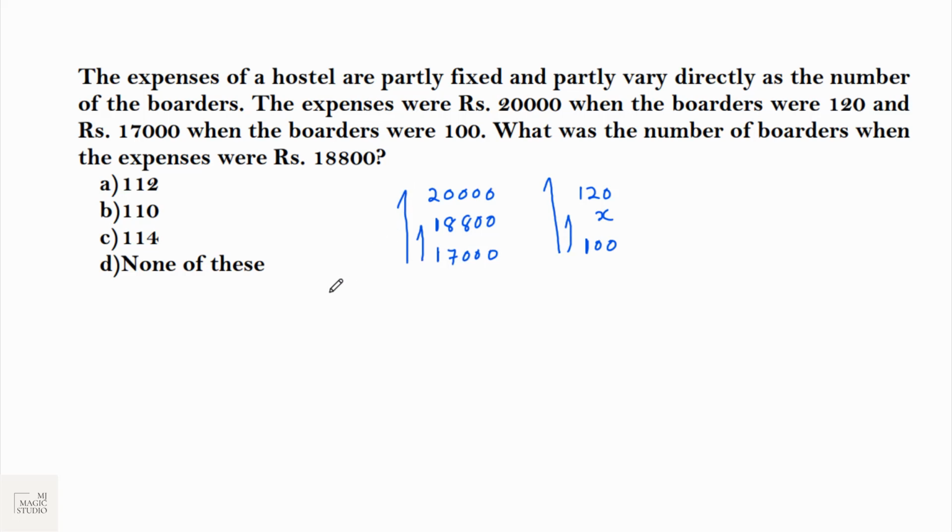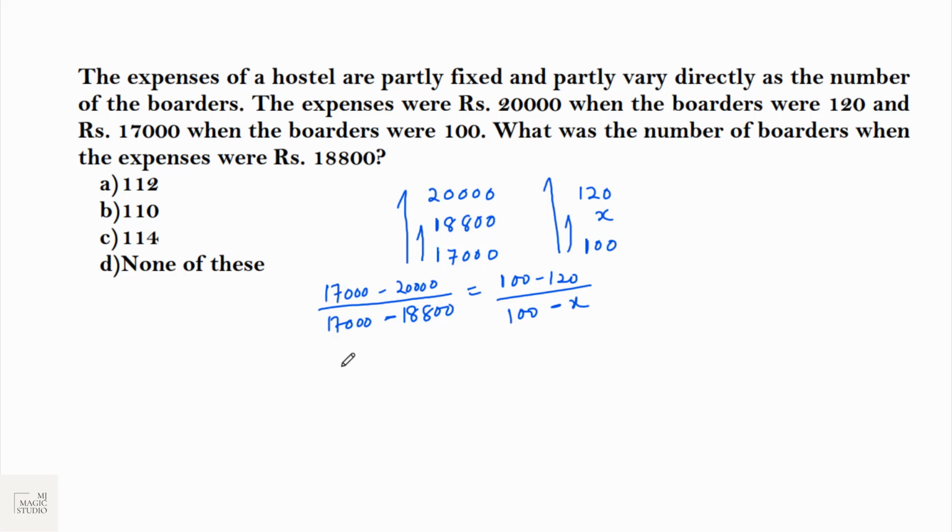So the big arrow gives us the direction of 17,000 minus 20,000 divided by the small direction 17,000 minus 18,800. This should be equal to, on the right hand side, 100 minus 120 upon 100 minus x. If you solve this, you will get the value of x.